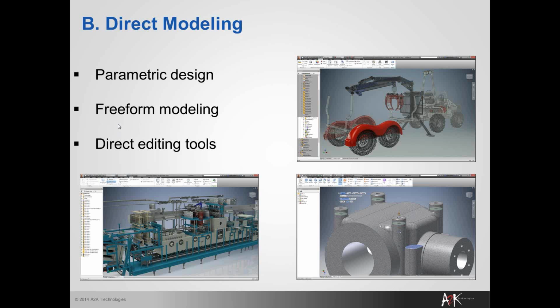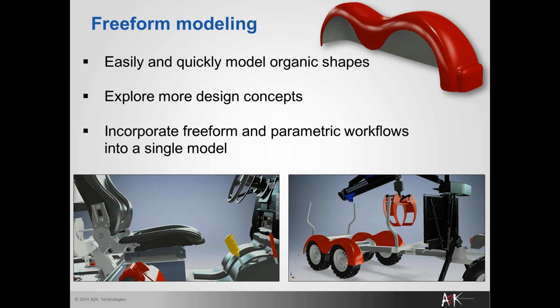Freeform modeling for organic shapes, where traditional feature tools might be a little bit harder to model some of those organic shapes. And I'll take you through a demo on that later. And of course, direct editing, solid geometry. So freeform modeling allows us to easily and quickly model organic shapes, not just for organic shapes.